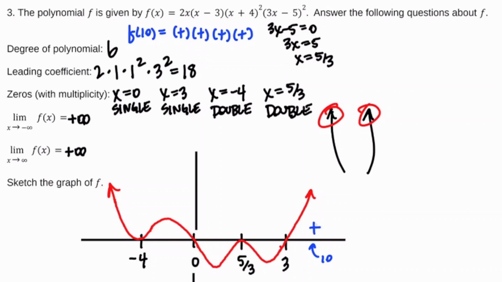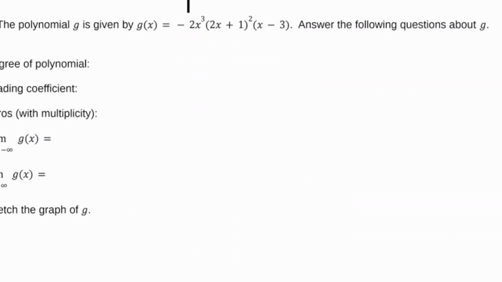I have positive here. x equals 3 was a single root, so that meant there was going to be a sign change. And x equals 5/3 was a double root, so there will not be a sign change. x equals 0 is a single root, so the sign will change, and then x equaling negative 4 was also a double root, so no sign change. Okay, and that confirms what I see on the graph.